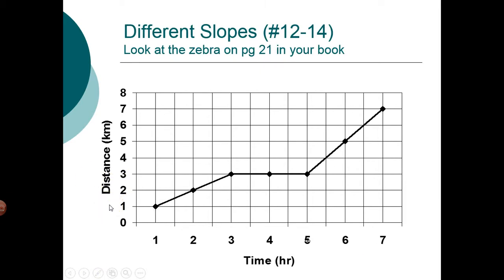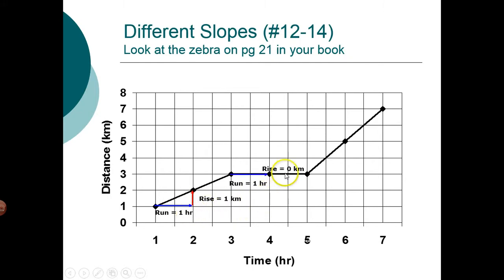What I want you to determine is what's the difference between a slope of a line that looks like this versus the slope of a line that looks like this, or the slope of a line that looks like this. If we were calculating the actual speed of each slope, we could use that same rise over run method. 1 kilometer divided by 1 hour.